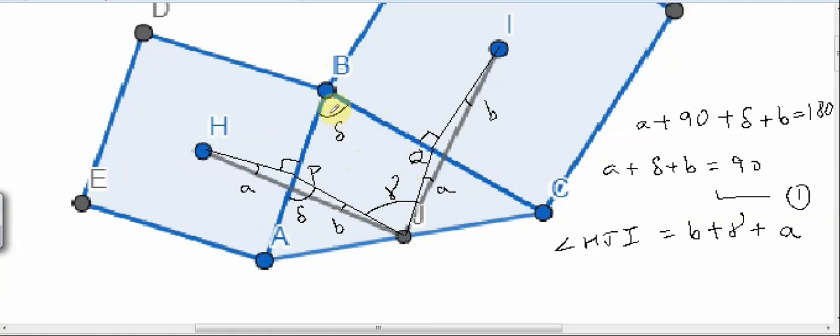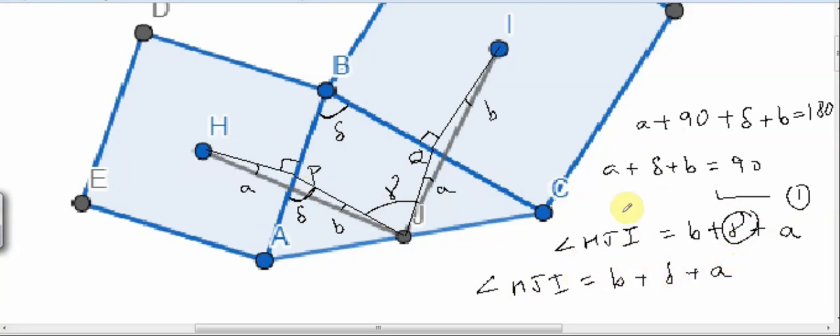So this angle is equal to this angle over here, and this angle is equal to this angle. Delta is equal to gamma, because opposite angles are equal in a parallelogram. So this over here is delta. Angle HJI is equal to B plus delta plus A, because gamma is equal to delta.